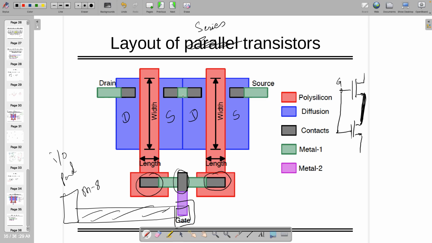So drain to source are shorted over here, and it's floating. However, I connected them horizontally by metal 1 and vertically by metal 2. It's in magenta, right? So this side source, this side drain. This is how you can make the layout of 2 transistors kept in parallel or in series.